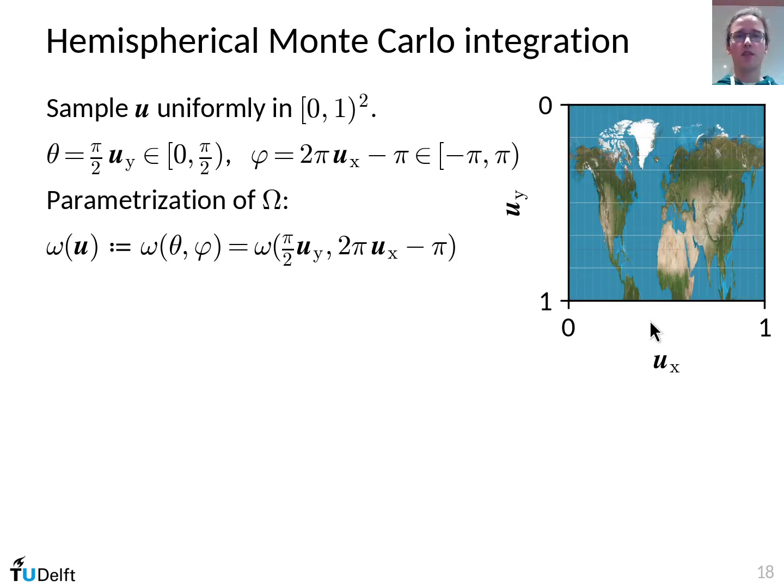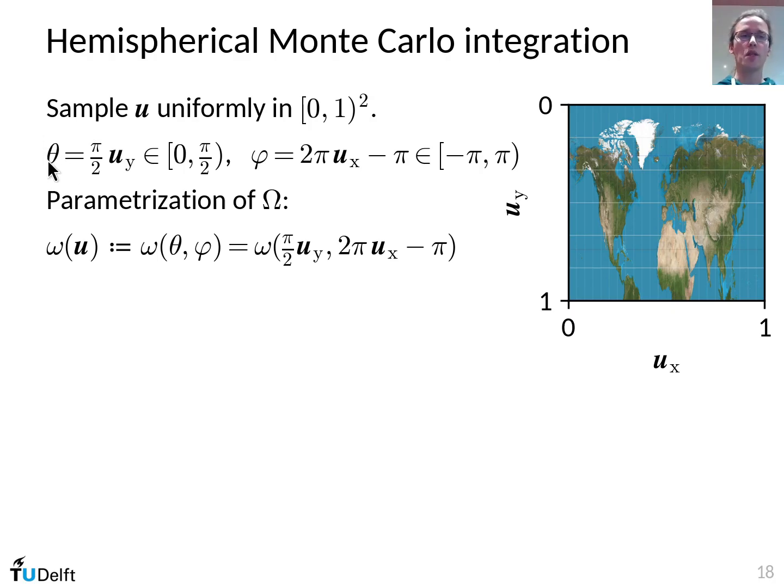So now we have Monte Carlo integration and we know how to define integrals over a hemisphere. Now let us put this together. What we do is we sample a two-dimensional point u in this square here uniformly. And then we turn this into spherical coordinates.